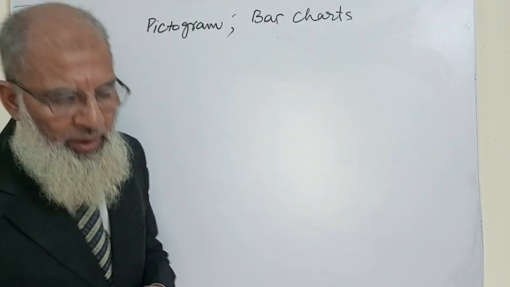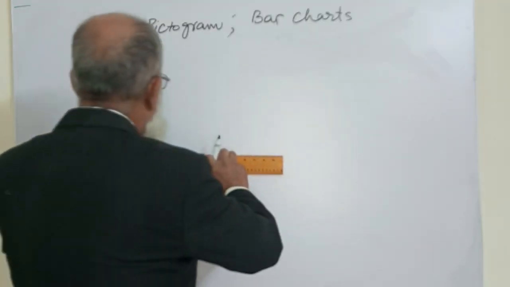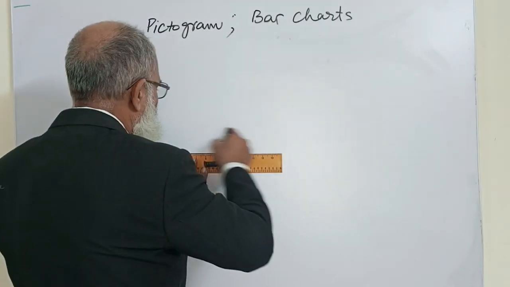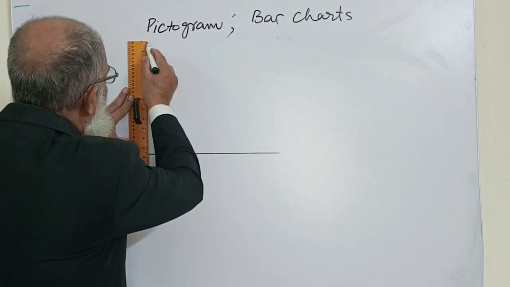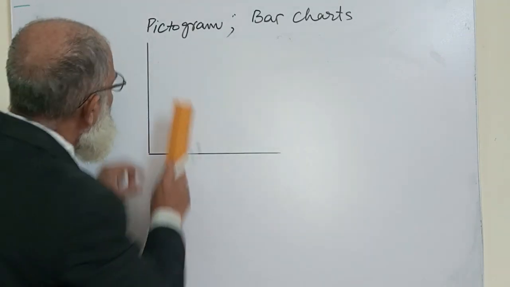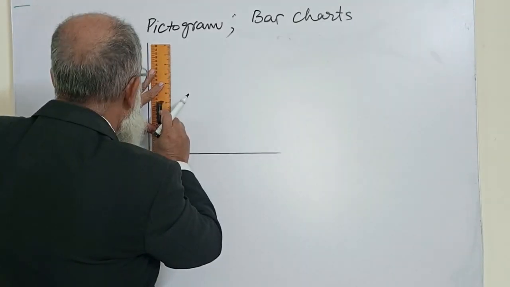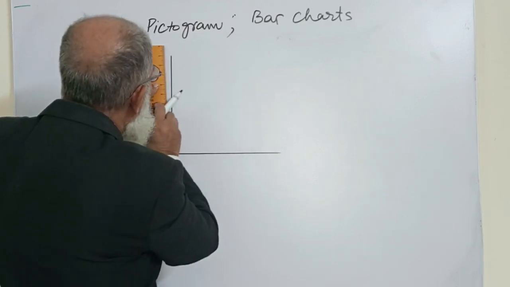For example, if these are your axes, you can show two diagrams, two bars on one.